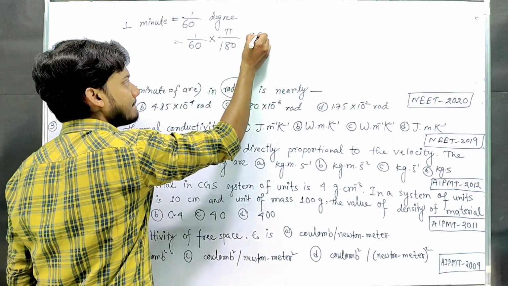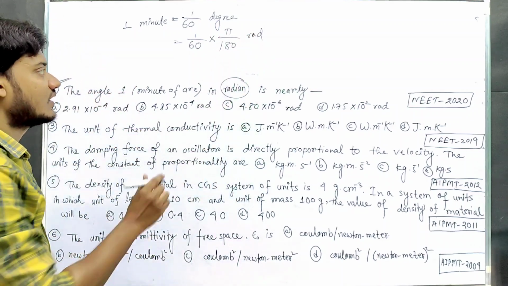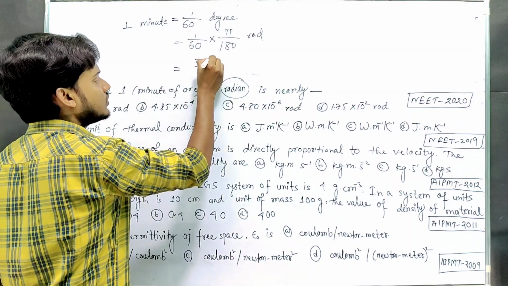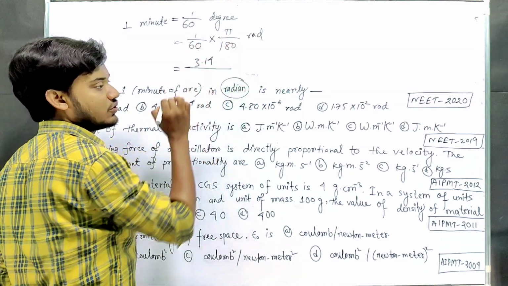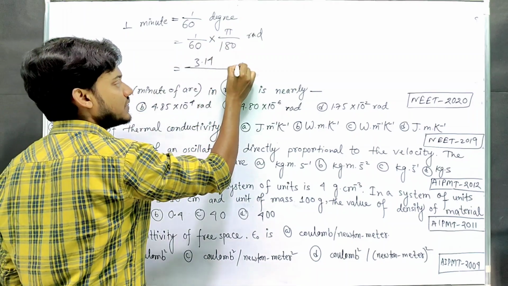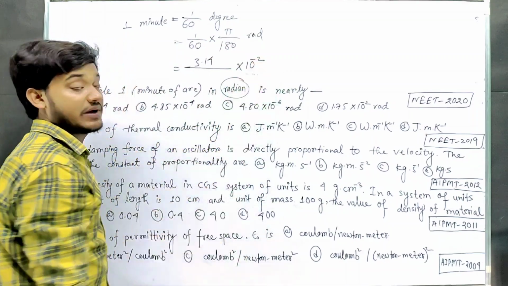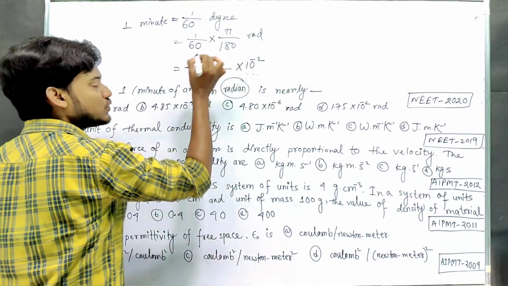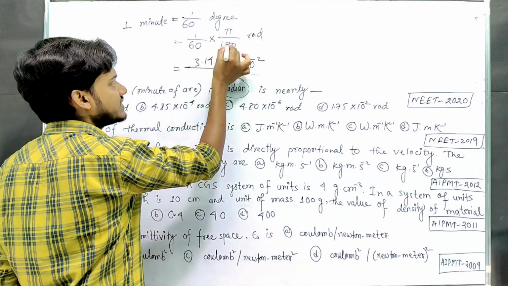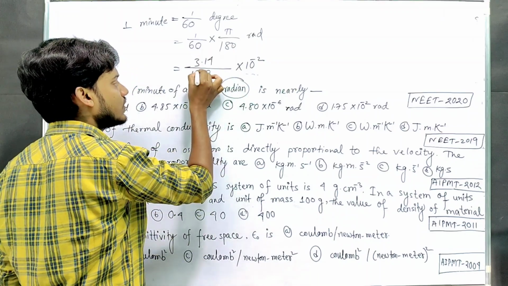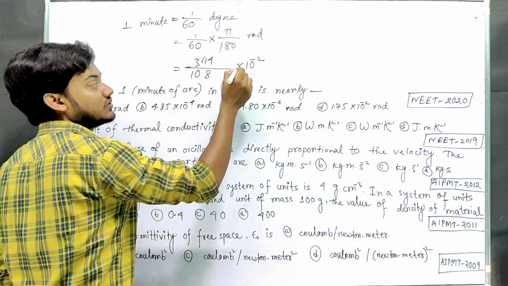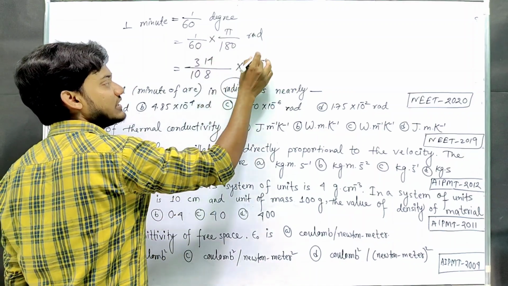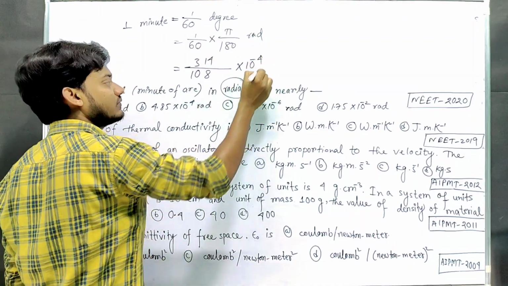Yes or no? Okay, pi equals 3.14 by 100. If it goes up, it becomes 10 to the power minus 2. 6 into 18 means 108. If we remove this point also, this becomes 10 to the power minus 4.